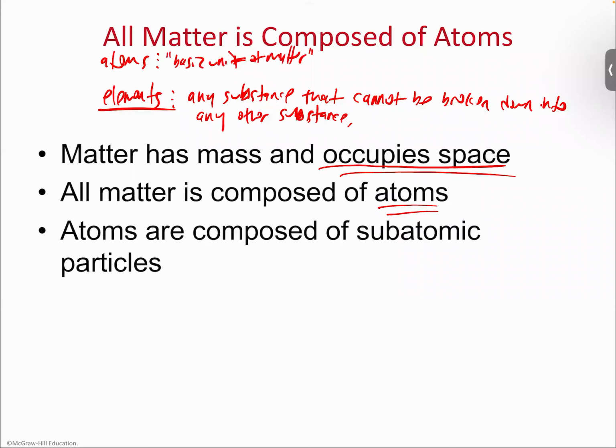It's basically a similar definition to what we had for the cell, in the sense that this is the smallest that we can get and still retain the traits of the element.